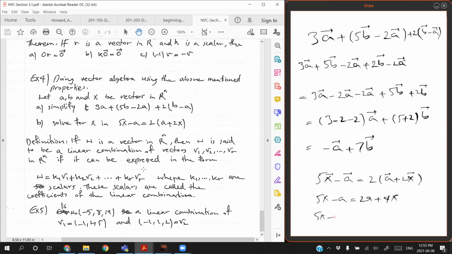So 5x minus 4x is equal to 2a plus a. That means x is 3a. So it's very similar to, it's almost the same thing as doing algebra with real numbers. Any questions?